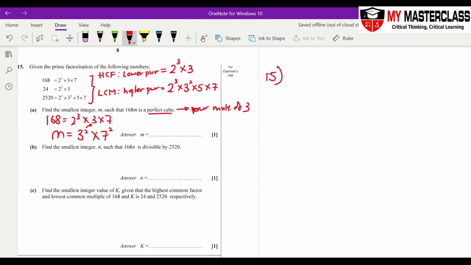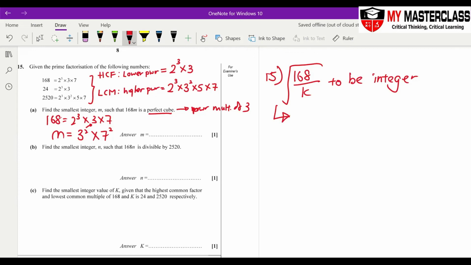Okay, what if I want the square root of 168 over K to be an integer? Okay, what does this mean? This means the square root is useless.